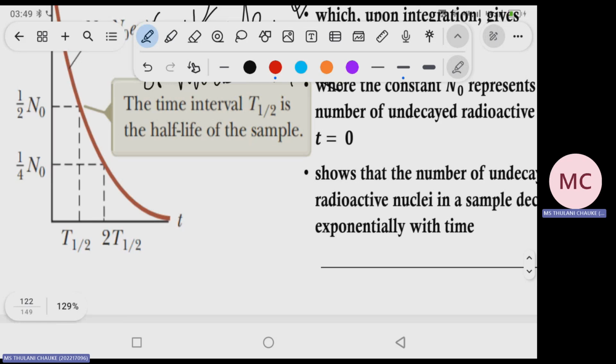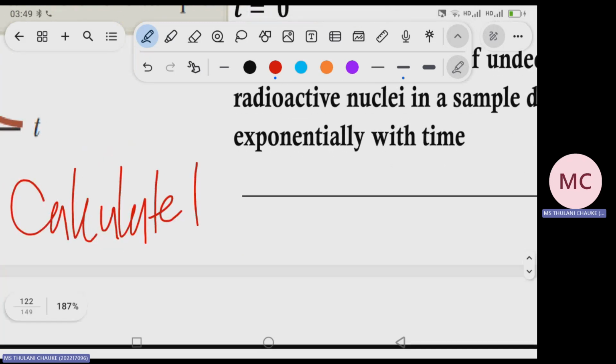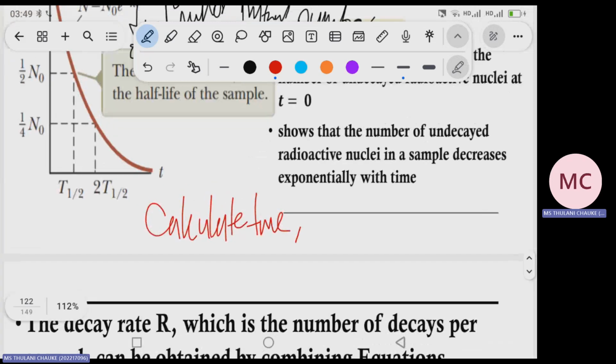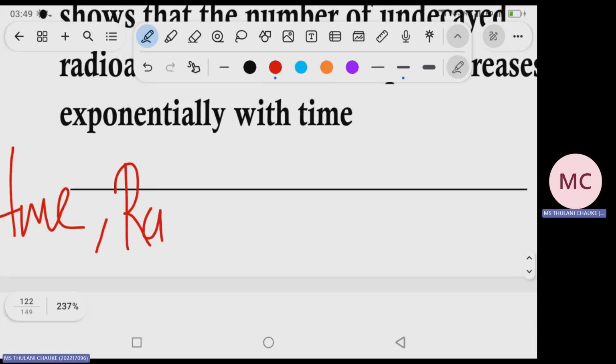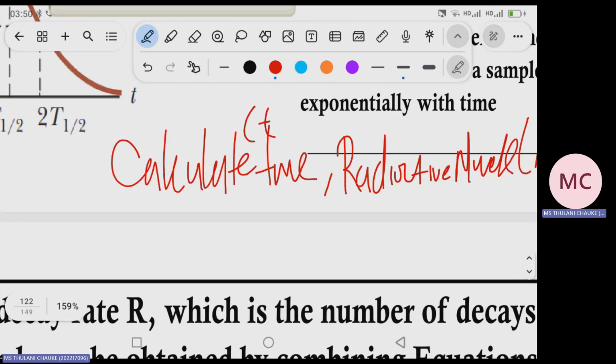Sometimes they're going to ask you to calculate the time, or sometimes to calculate the radioactive nuclei. When they say this, you have to know you are calculating for N, or for time it is t.